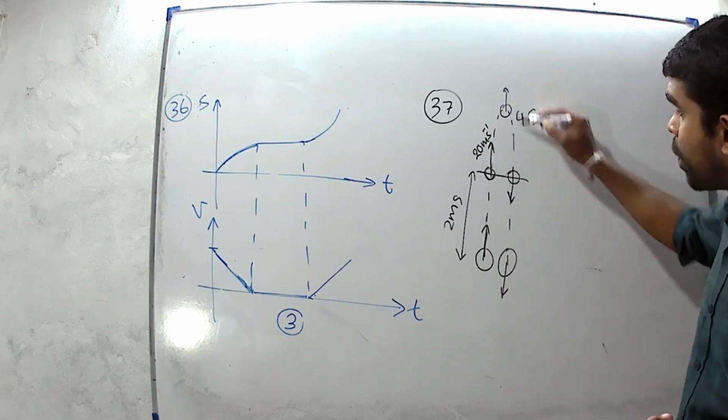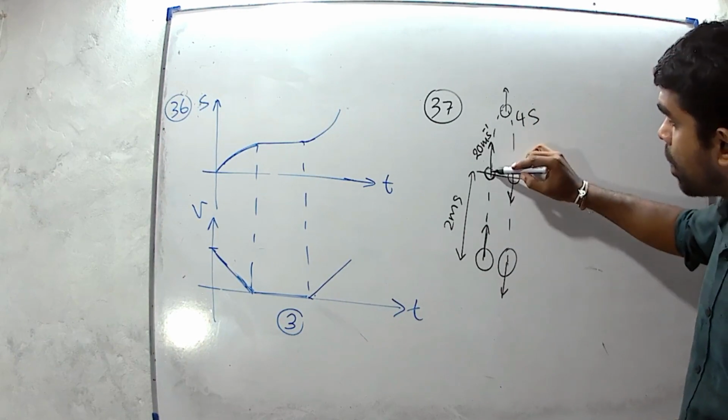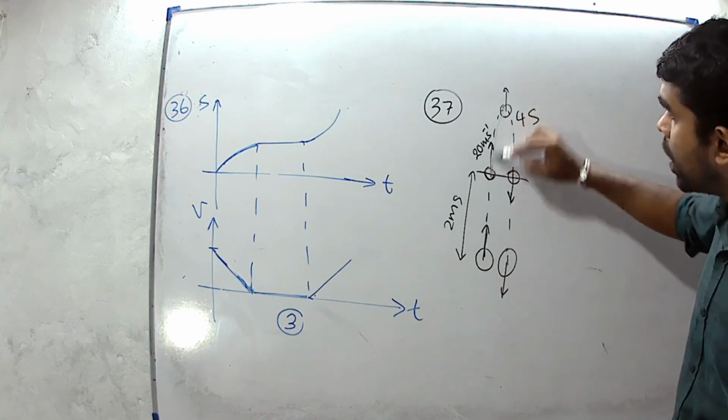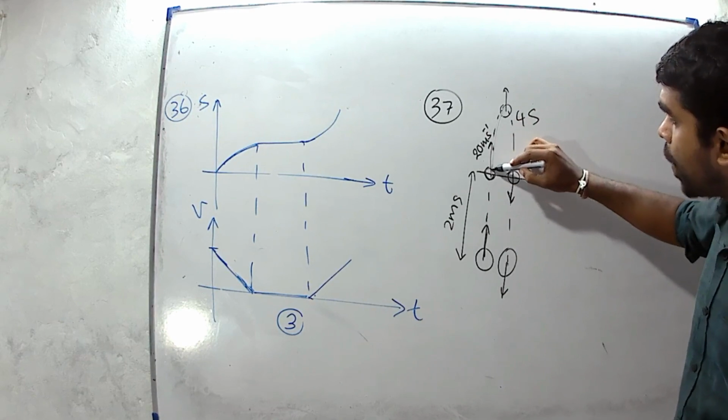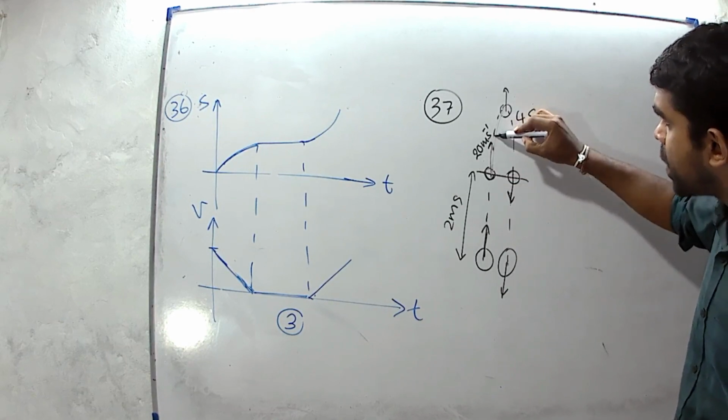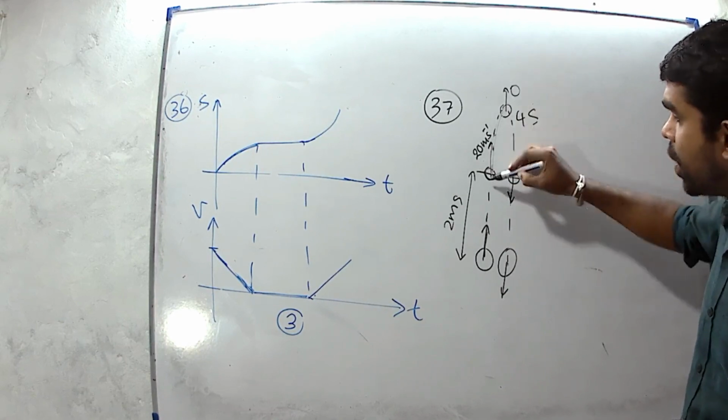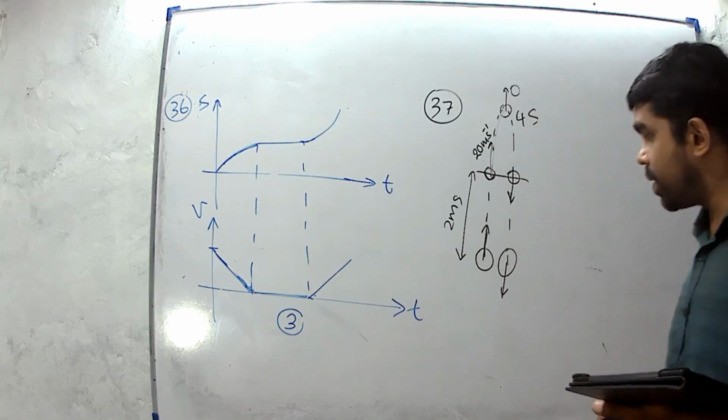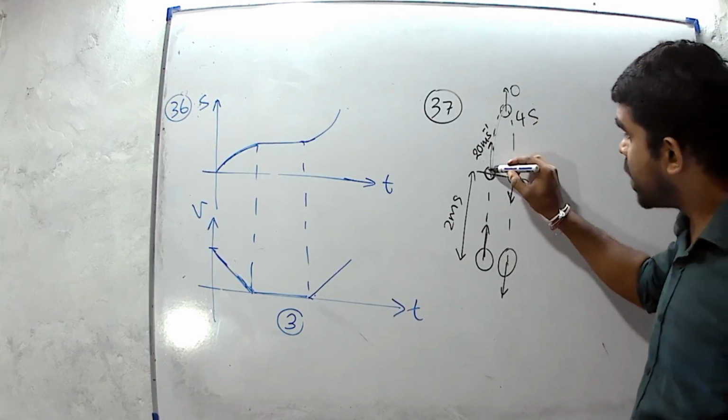Therefore, motion for this part is 4 seconds, then motion for this part should be 2 seconds. It means 20 meters per second, 10 meters per second, 0 meters per second. Velocity should be like this. Then we know that velocity at this point is 20.